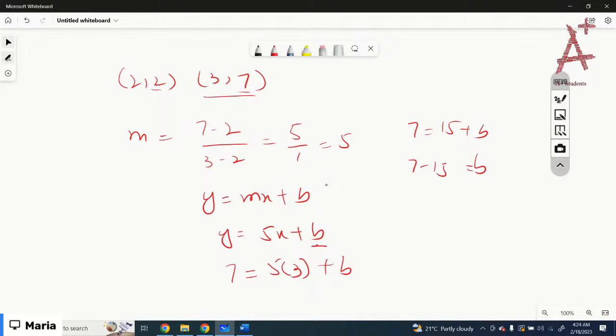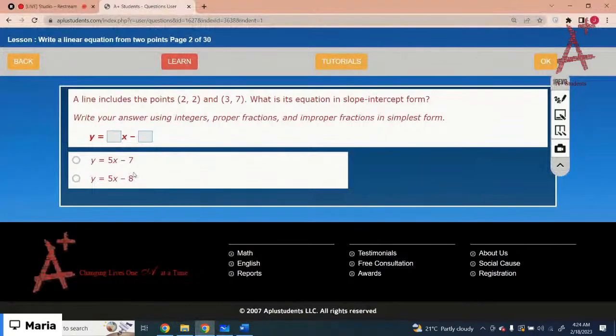It would be 7 minus 15, and 7 minus 15 is minus 8. So b equals negative 8. Got it? Equation is y equals 5x minus 8. Yes, the second one, y equals 5x minus 8. The second one is the correct option.